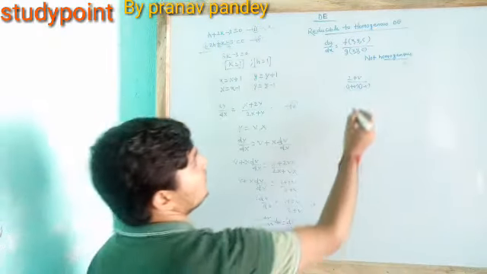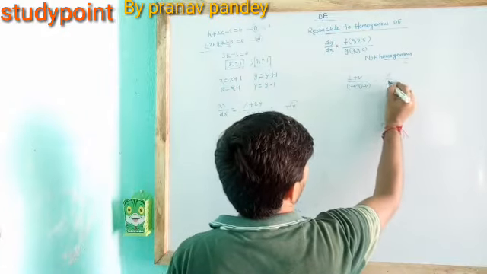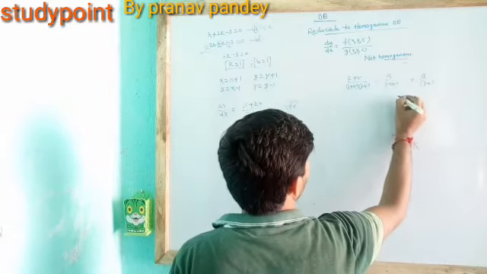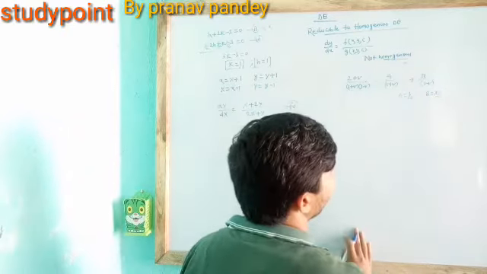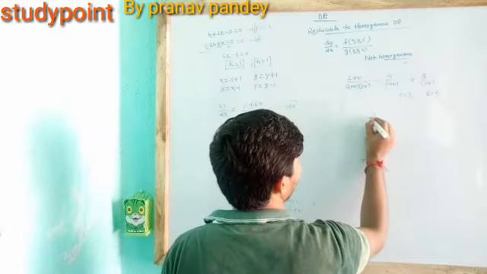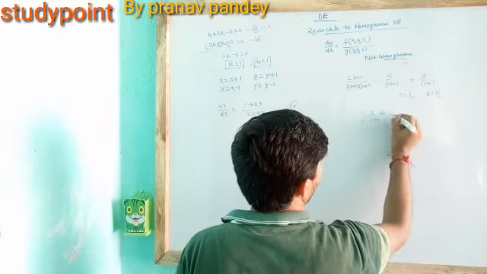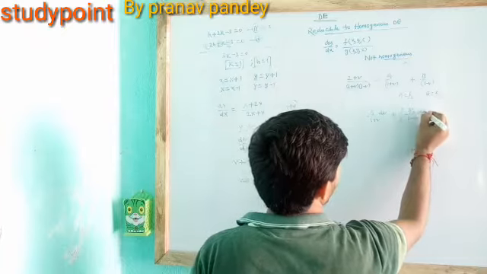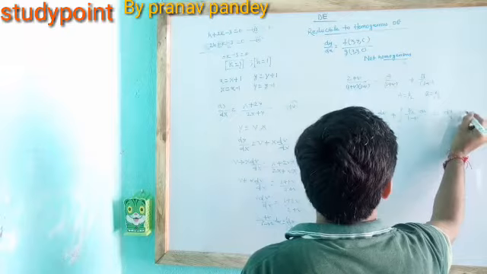So this is 2 plus v, we can write A upon 1 plus v plus B upon 1 minus v. When we solve it, we will get the value of A as 1 by 2 and B as 3 by 2. So we can put here and integrate separately. So (1 by 2) upon (1 plus v) dv plus (3 by 2) upon (1 minus v) dv is equal to dx upon x plus c.